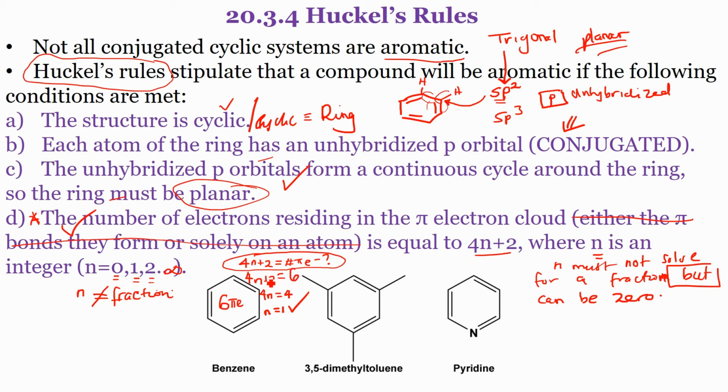I put 6. 4n plus 2 equals 6. n solves for 1, and benzene passes because n did not turn out to be a fraction. If it turns out to be a fraction, then we have to test another rule, which is 4n equals the number of pi electrons. That will be for the anti-aromatic compounds. So let's move on and build to that.